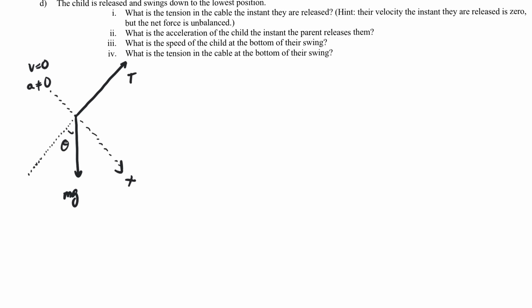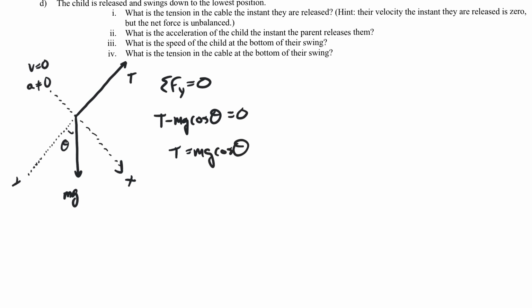This is theta. All good? This is the y direction. So net force in the y direction has to equal 0. So T minus mg cosine theta equals 0. So T equals mg cosine theta. That's the tension in the cable.